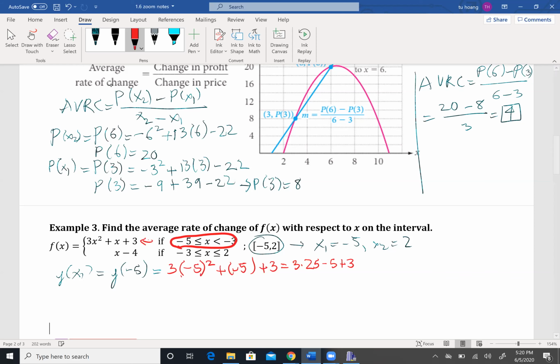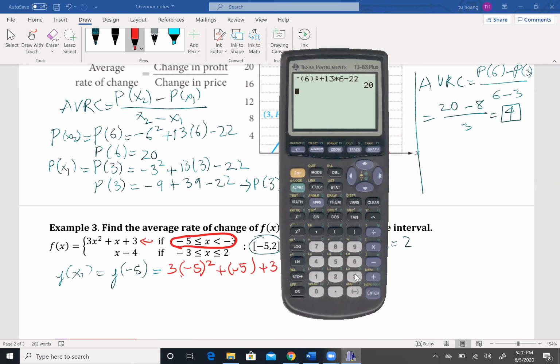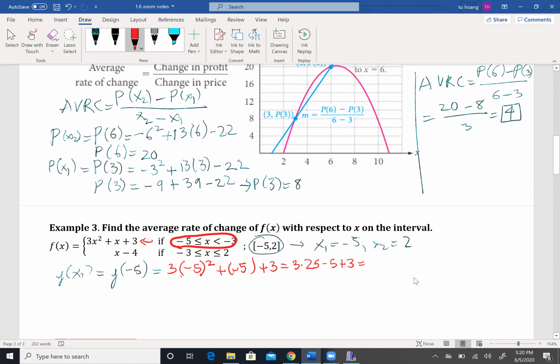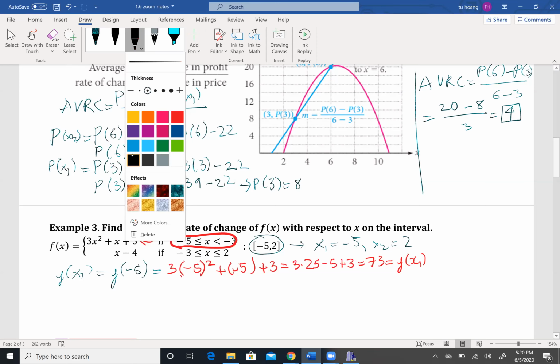And then you will have what? Let's use the calculator. You have 3 times 25 minus 5 plus 3 is 73. 73 is f(x1).